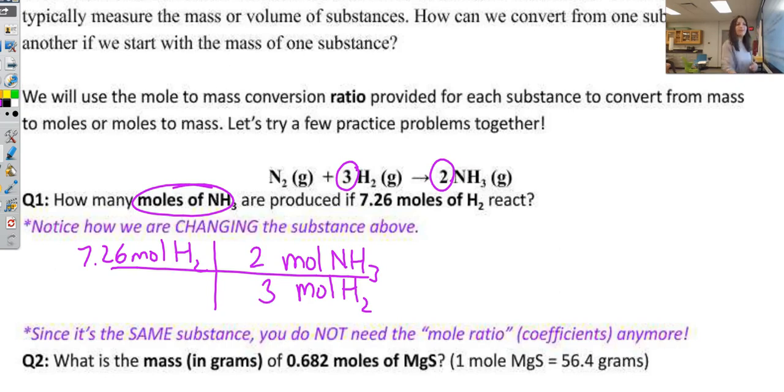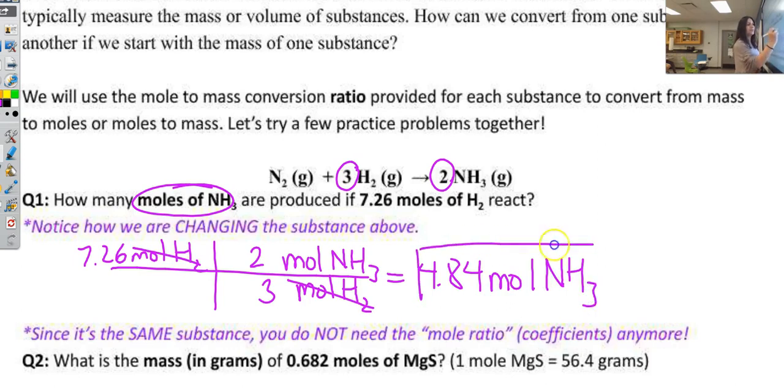All I'm going to do in my calculator now is 7.26 times 2 divided by 3, and I get 4.84. I like 3 digits. Remember, these cancel out, and I'm left with mole of NH3, and then we're going to box that in. Hopefully you got that right on this one.